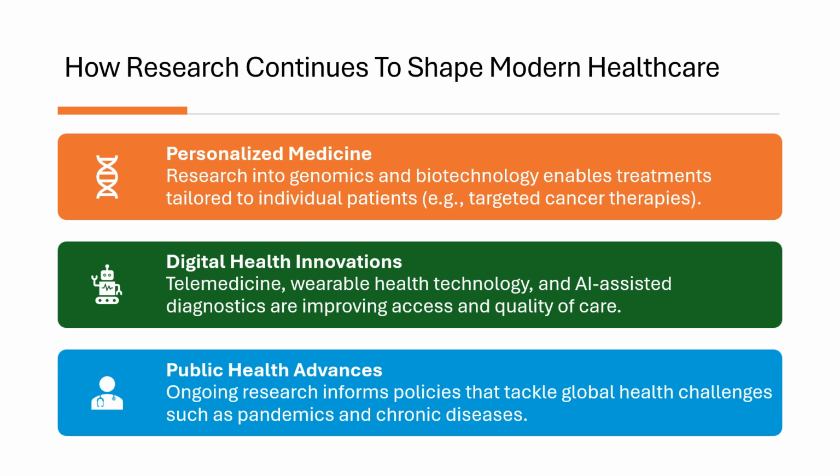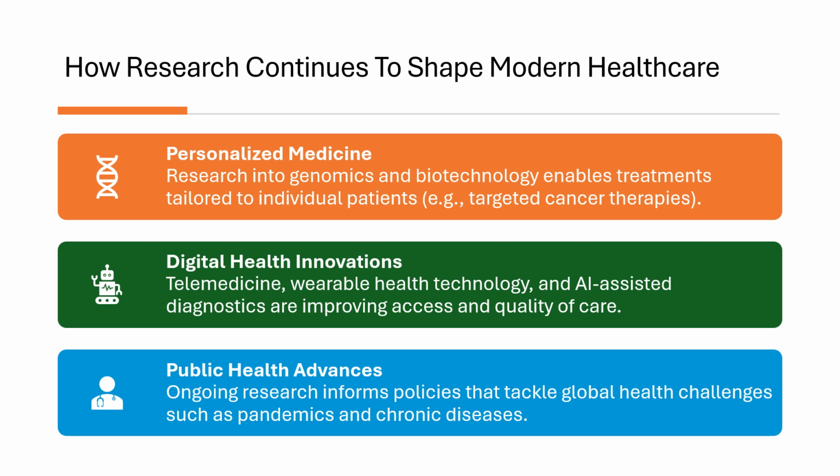For example, targeting cancer therapies can be one example of personalized medicine. Also, digital health innovations such as telemedicine, wearable health technology, and AI-assisted diagnostics are improving access and quality of care.